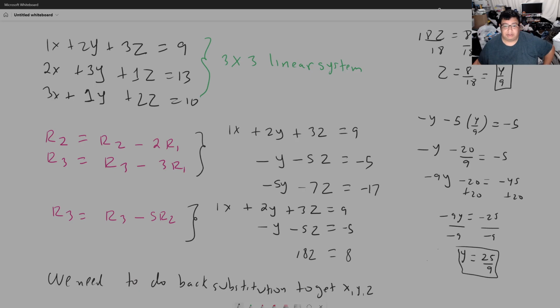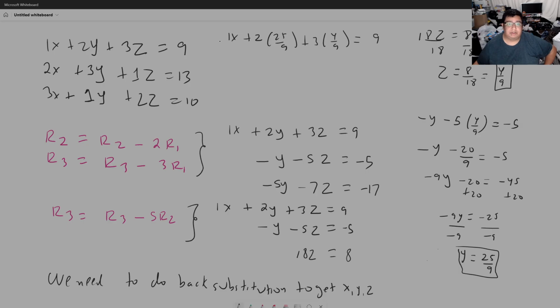Now we need to plug this into the first equation. We need to do 1x plus 2 times y, which is 25 over 9, plus 3 times z, which is 4 over 9, equal to 9.